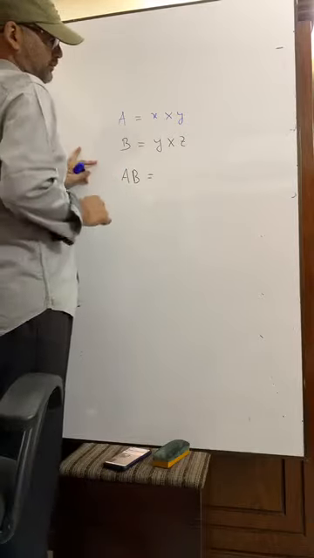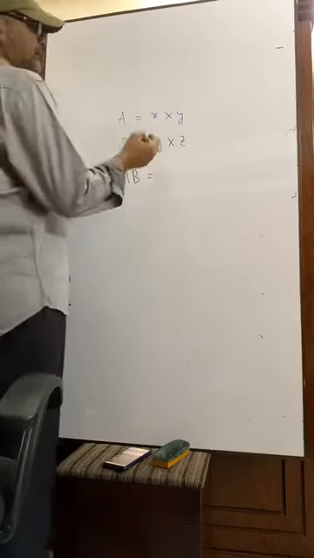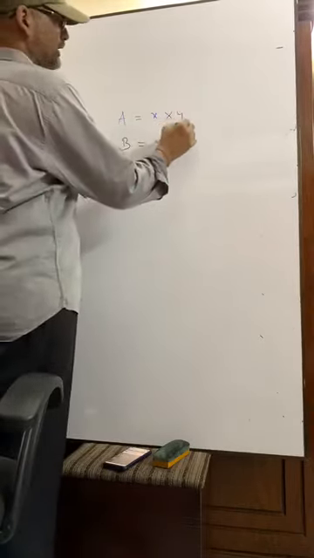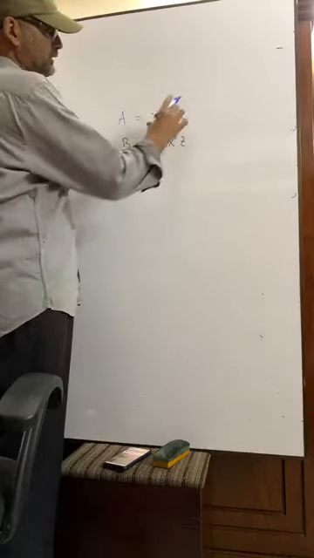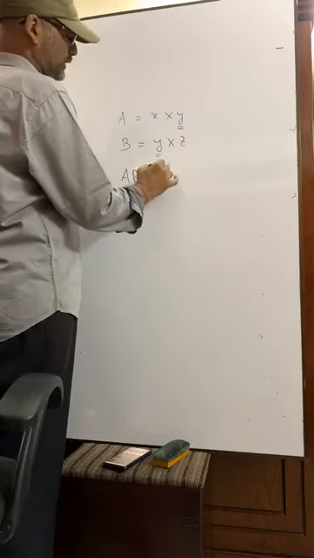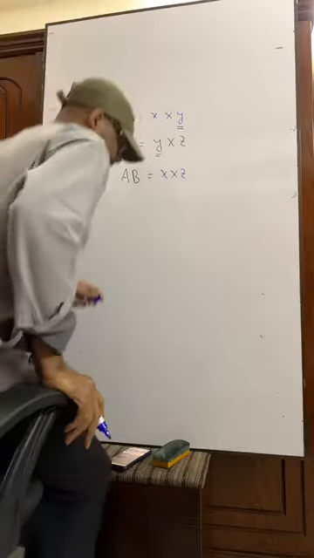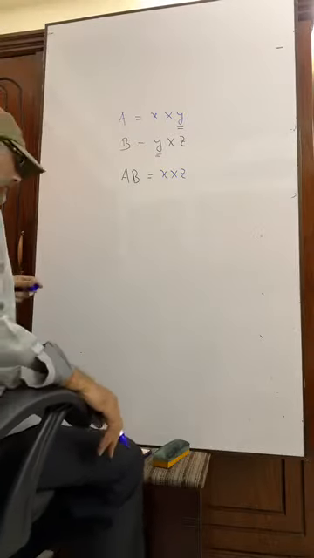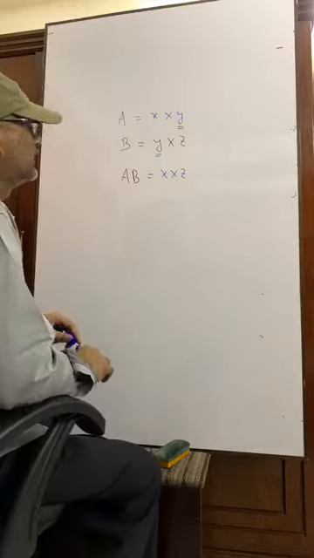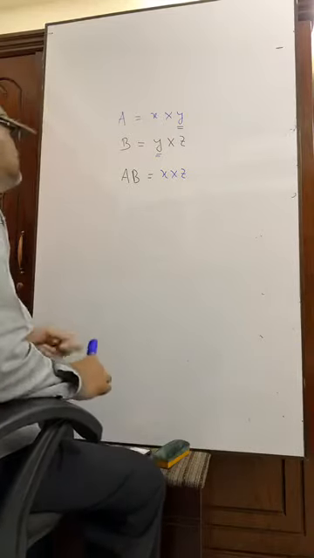AB will be of, you see here, this is Y and this is also Y. These two will be omitted to get X into Z. And it is possible then to determine their product.